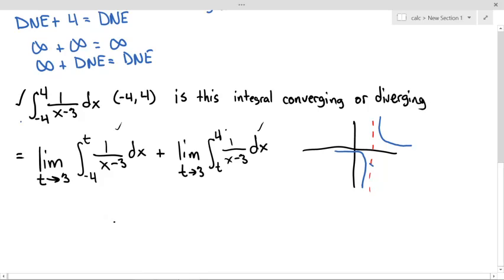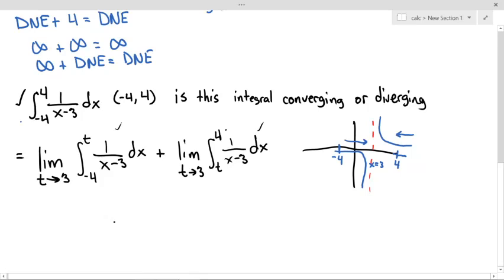Say this asymptote is x equals 3, and we have a limit coming from the left of the discontinuity and a limit coming from the right of the discontinuity, because we have a +4 on the right side of the asymptote and a -4 on the left side.